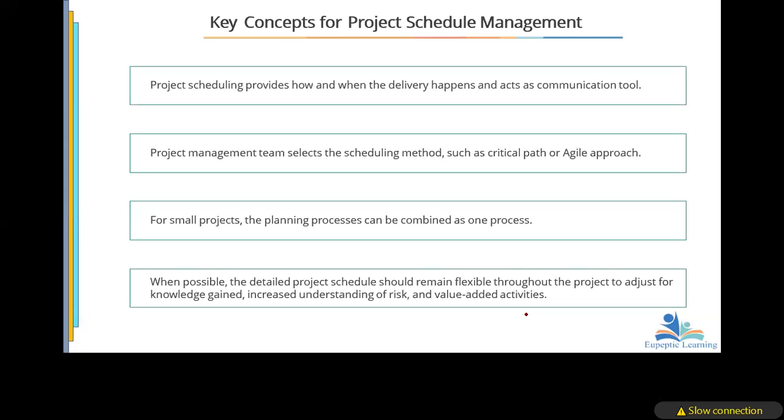Now the team selects the scheduling method. Are we using the typical agile approach? If you are in a typical agile world, usually the software industry, using the Scrum methodology, we want to work on what we call the MVP, because the customer wants to see progress.